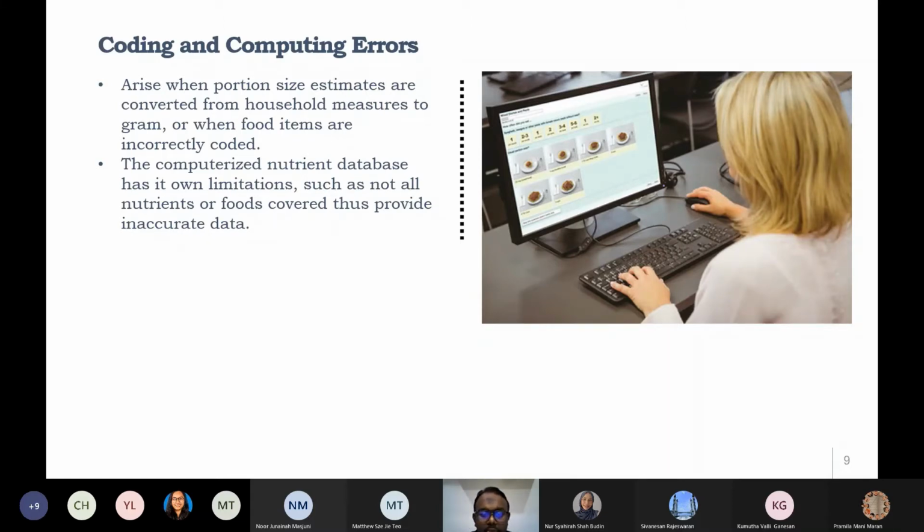So what you have to do is find a similar food which has similar nutrient composition and ingredients to substitute that food into the database. But then it will contribute to computing errors and also inaccurate data.